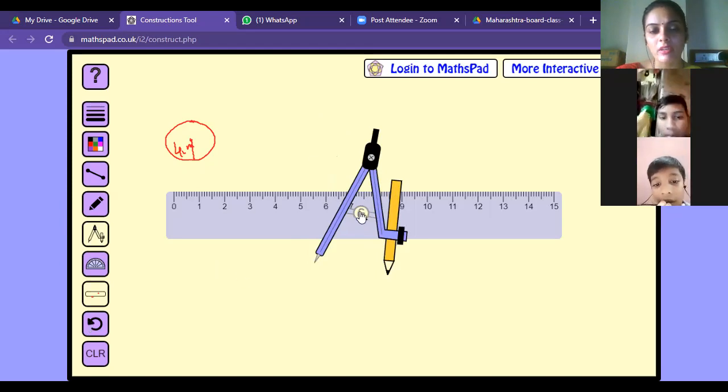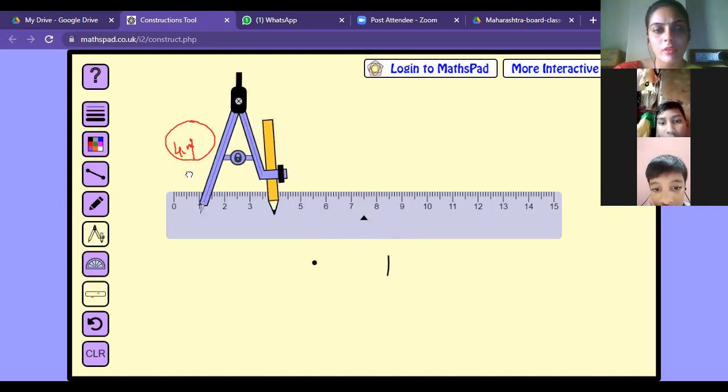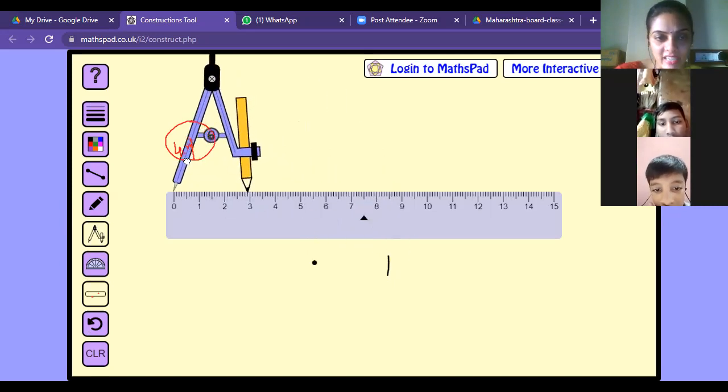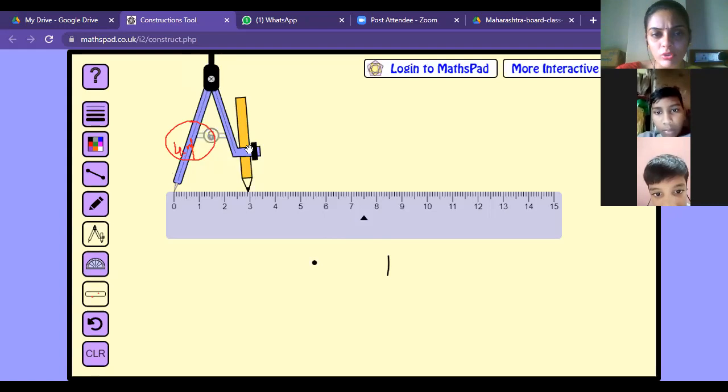Give me a minute. We have to place it like this. Can you see? We have to place at the 0. Okay. And then we have to move this. Till which line do we have to move? What is the measurement we have to take?